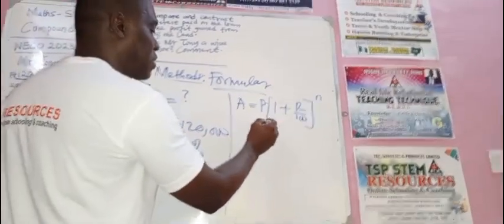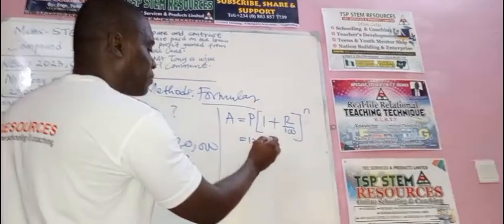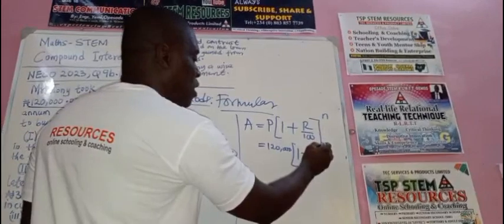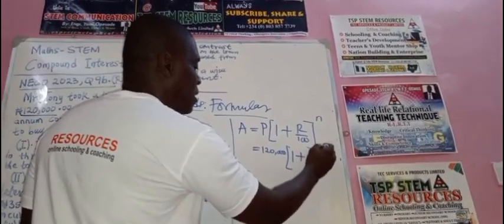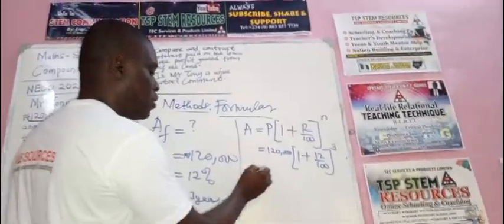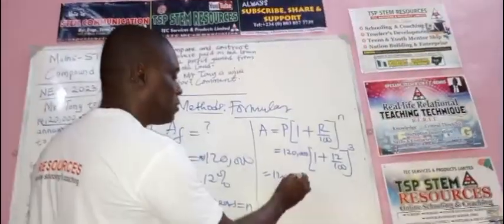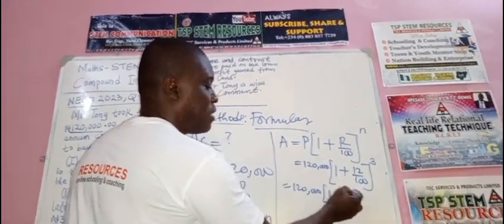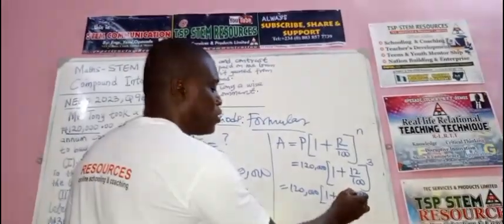So this gives us 120,000 times 1 plus 12 over 100. The number of years is 3 years, so you raise to the power 3. So this gives us 120,000 times 1 plus 12 divided by 100. That will give you 0.12.